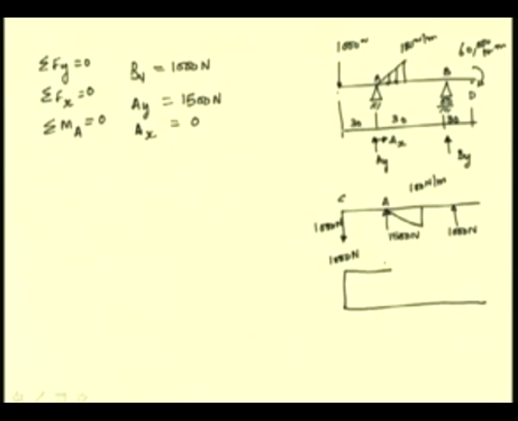So, the shear force remains constant. At A we have a concentrated load of 1500 newtons, which is an upward force in this diagram. So, the shear force curve goes down by 1500 newtons and the shear force at this point is minus 500 newtons. This can again be found by considering the equilibrium of the portion AC.